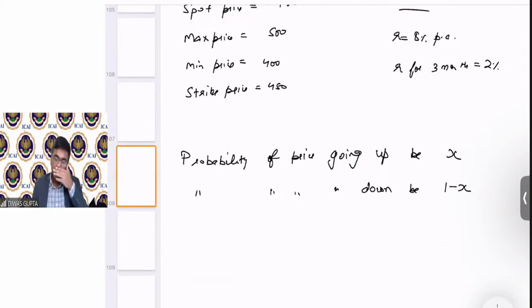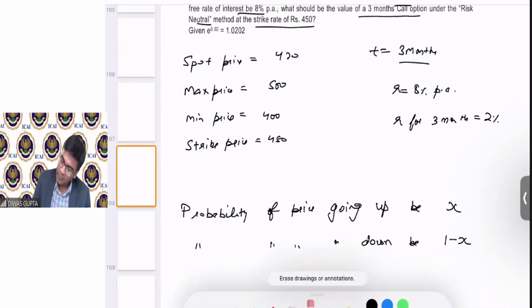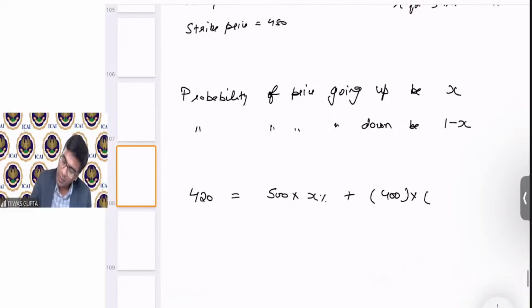Okay. Now, the probability of the price going up is X. So, what is the current spot price? 420. 420 is equal to the maximum price, 500, into X percentage, plus 400, the minimum price, into 1 minus X percentage.